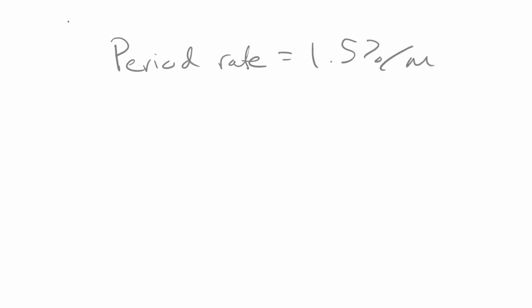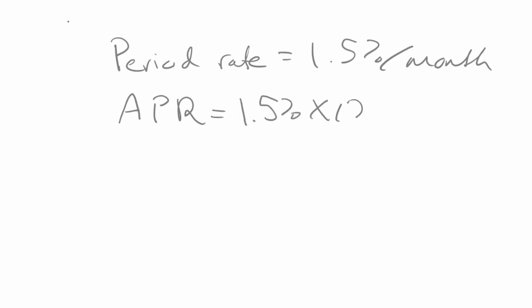So let's do one more example, this one based on consumer credit. So credit card statements say something like the following. They'll tell you the period rate as 1.5% per month. Then they'll say something like APR, annual percentage rate, is 1.5% times 12 equals 18%.